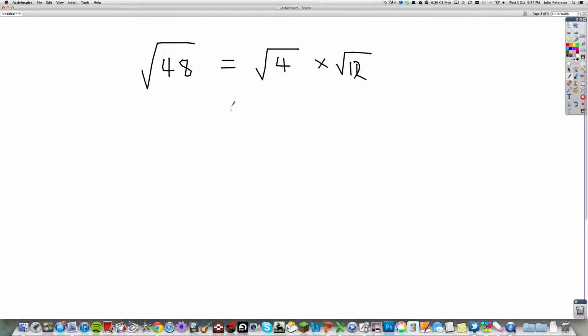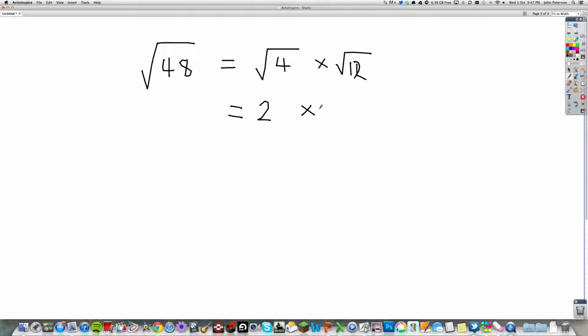Let's have a look at the square root of, let's say, 48. I'm thinking of numbers that go into 48, hopefully one of which is a square number. Now I've got two options here. I'm going to say it's the square root of 4 times the square root of 12. The square root of 4 is 2.